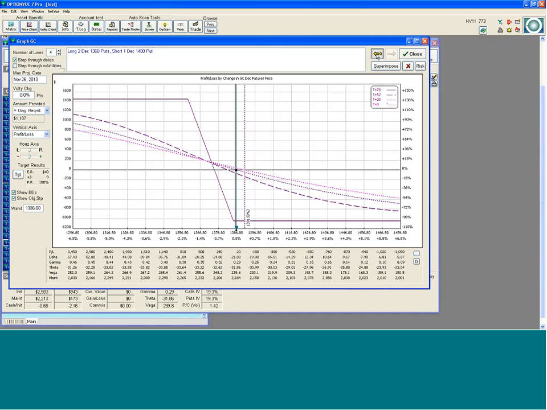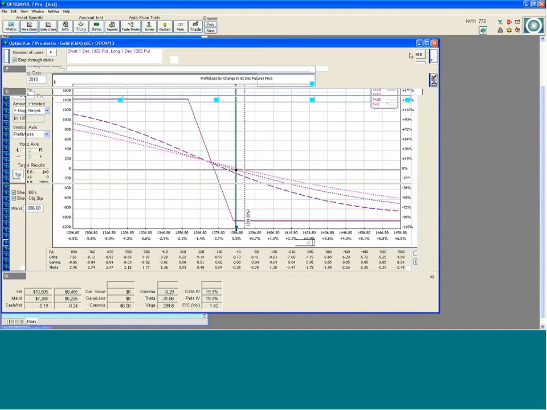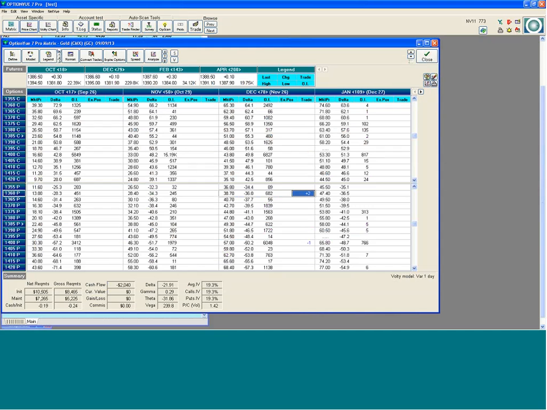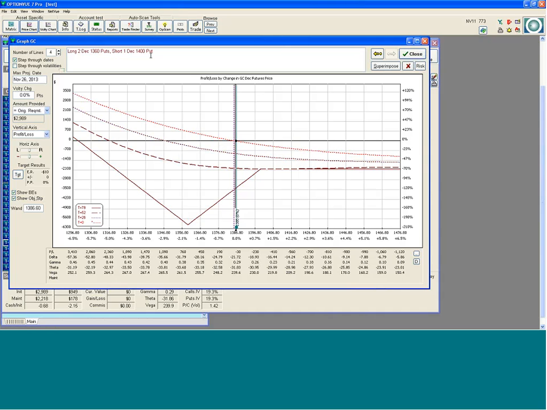And OptionView provides a perfect vehicle for that, because you get to start off by putting the spread in the matrix. You can see what the Greeks are at the bottom of the screen. You click the Analyze button. You get a visual representation, a time-lapse view of how your spread can perform, both favorably and unfavorably, with the passage of time and with market movement.